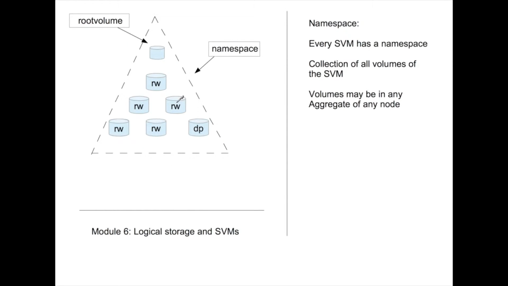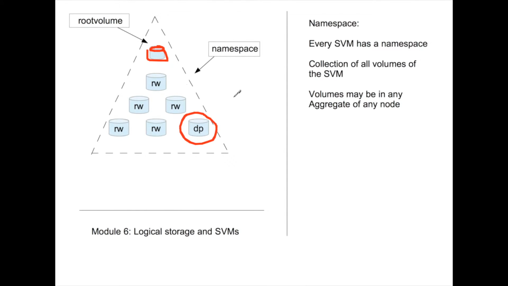Then also very important to know is that an SVM has something which is called a namespace. If you want to store data in your storage virtual machine, you need a namespace. And the namespace is always starting with the root volume, which contains the junction paths for the volumes that contain the user data. You see a data protection volume in here, so your storage virtual machine can also host data protection volumes.